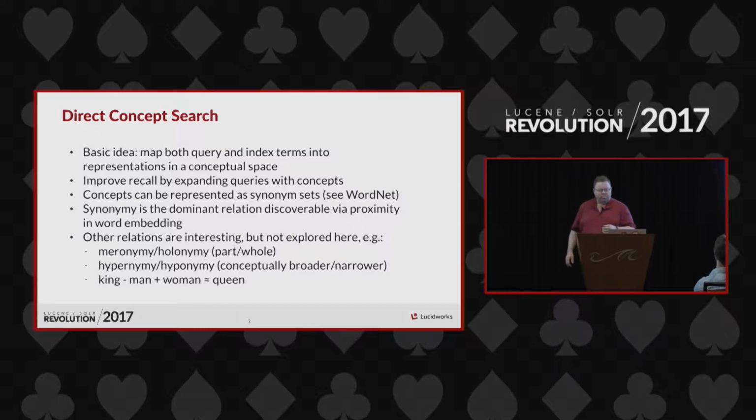If you subtract woman from both sides, then you could restate that as an analogy which runs something like king is to man as queen is to woman, the relation there being has gender or something like that. So that and many other relations using vector math are representable via word embeddings.